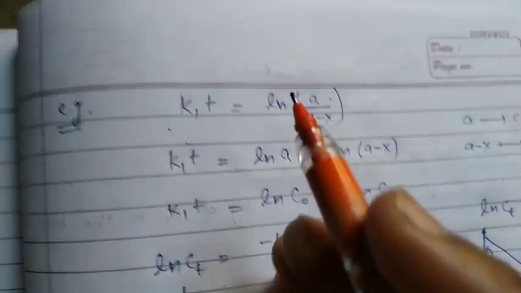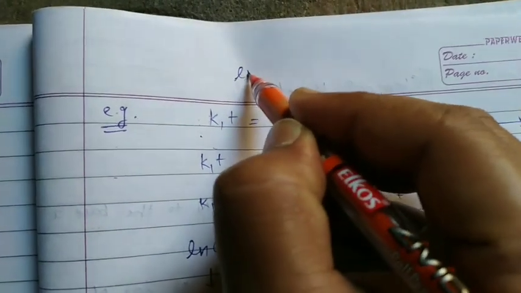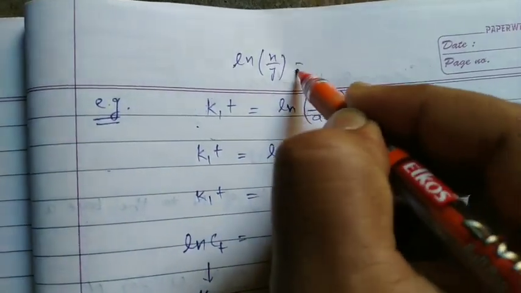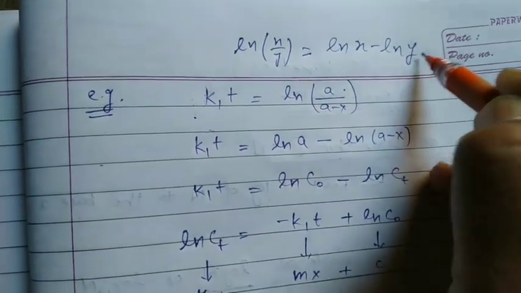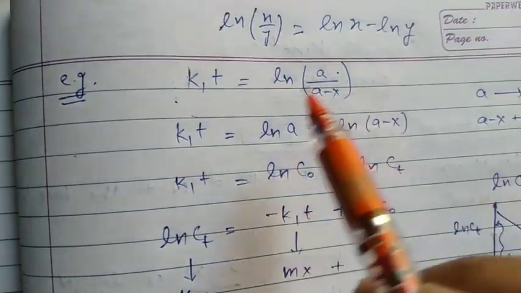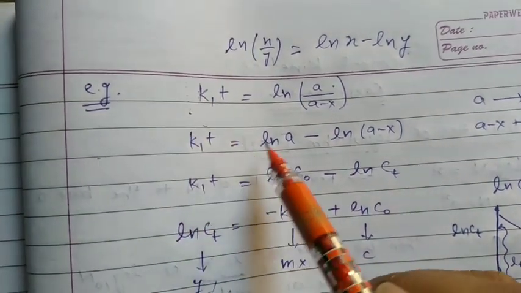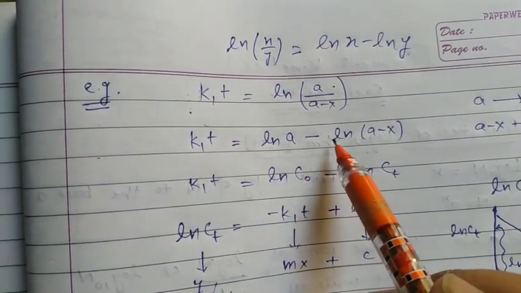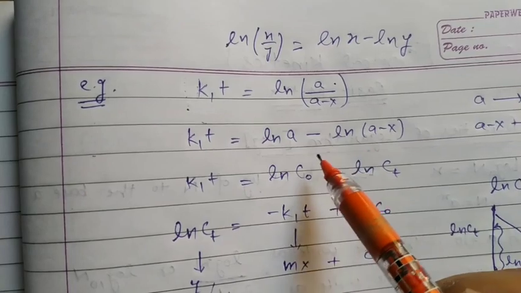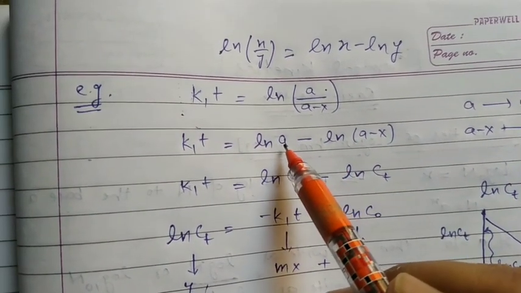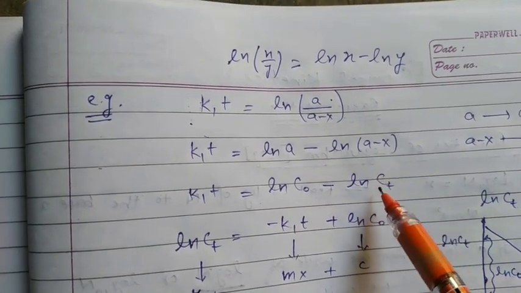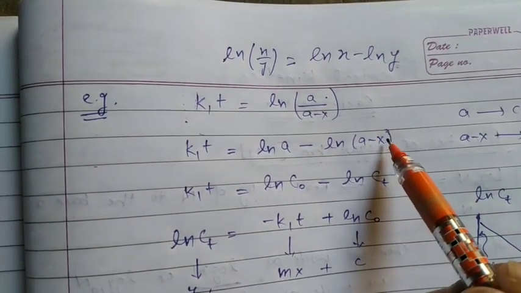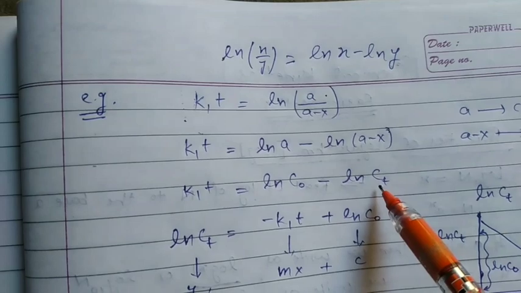As I already told, ln of x divided by y can be represented as ln x minus ln y. So we can also write this equation as kt is equal to ln a minus ln of a minus x, and now here we can put the value of a equal to c naught, and a minus x, which is the concentration at any time t, can be represented as ct.